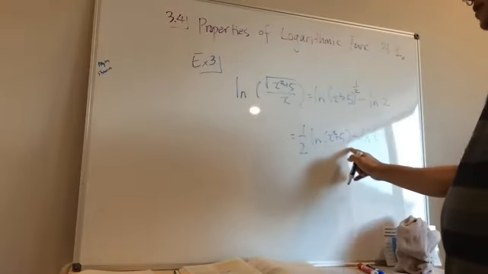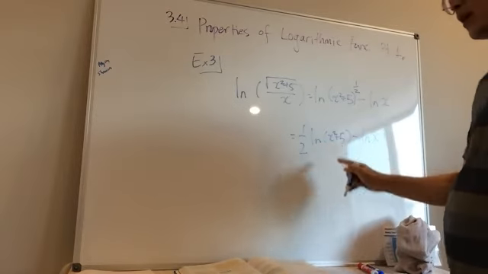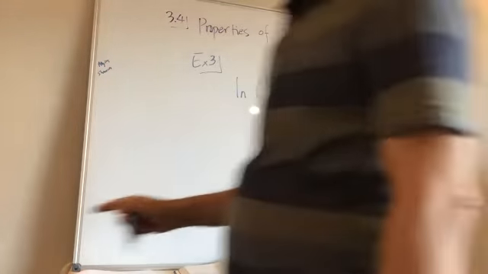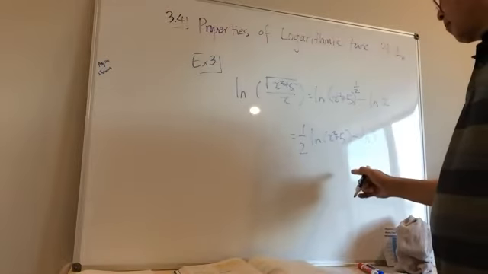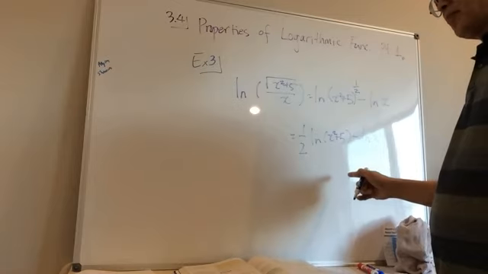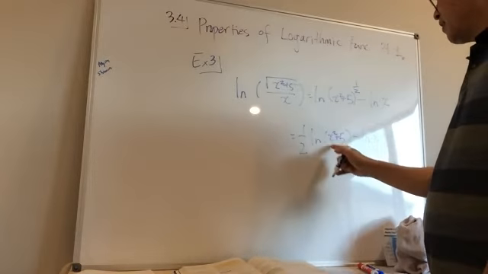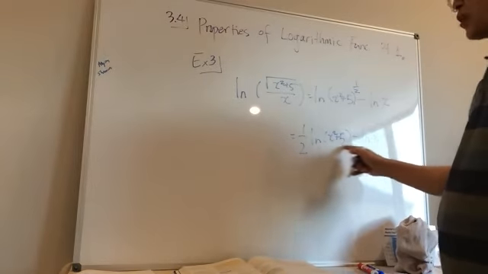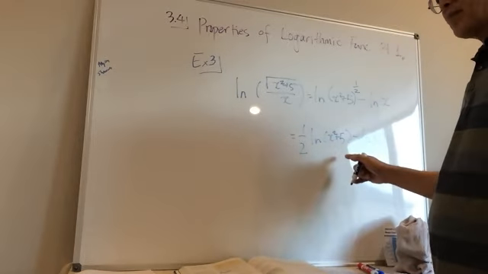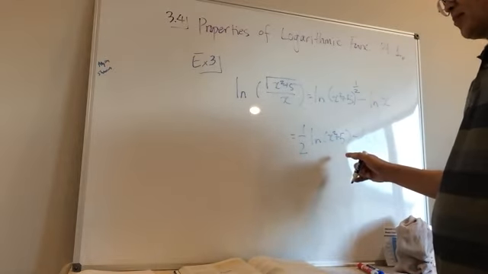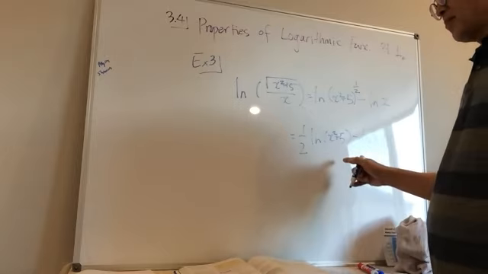Brooklyn, what can we do with the natural log of x squared plus 5, the first one?